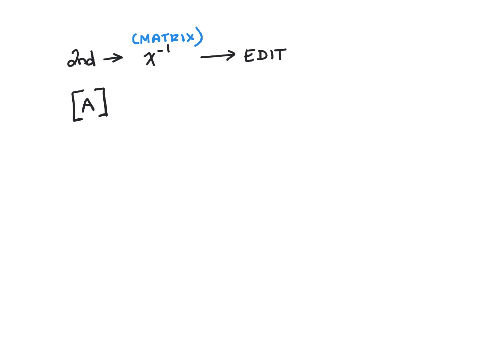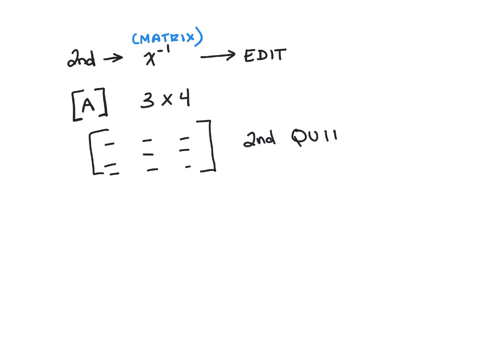And because our augmented matrix had 3 rows and 4 columns, we want to tell the calculator it's going to be a 3 by 4. And then we are going to fill in our augmented matrix with our values. Once you've done that, you're going to hit second function and then quit, which is the key just to the right.